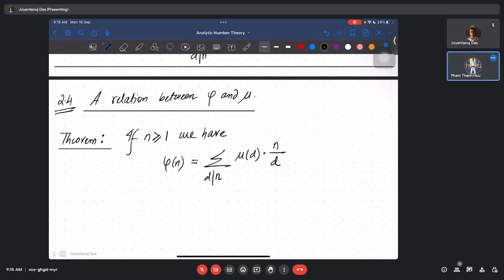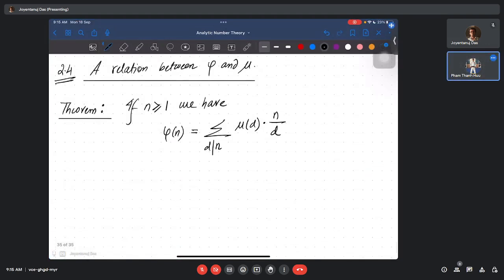Mu of d multiplied by n by d, summed over the divisors. Okay, so let's see the proof.